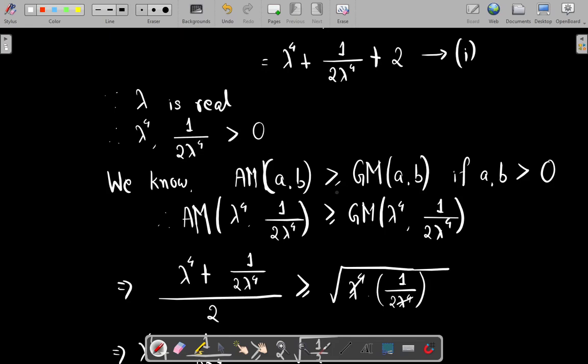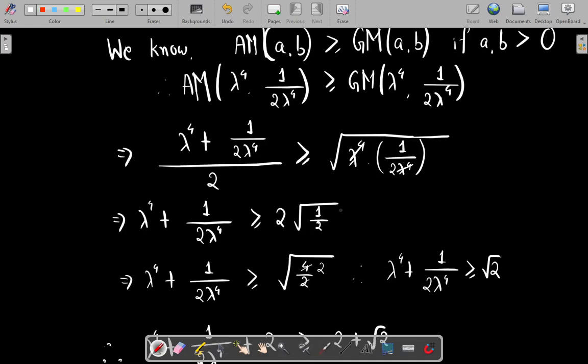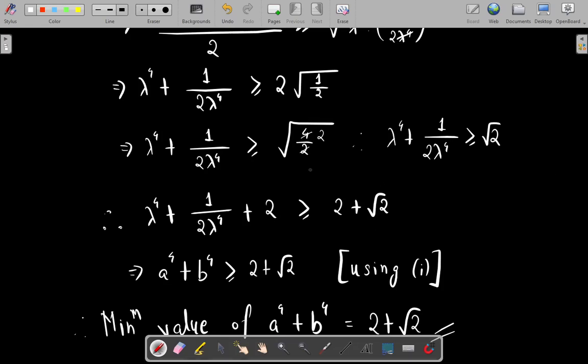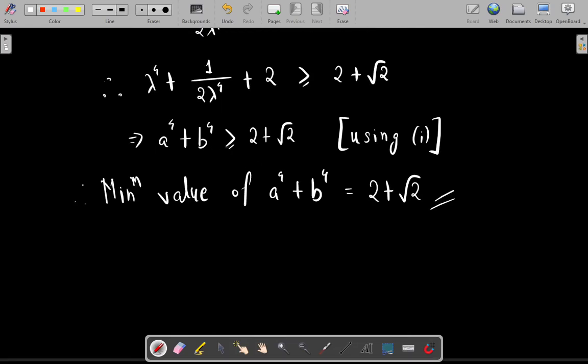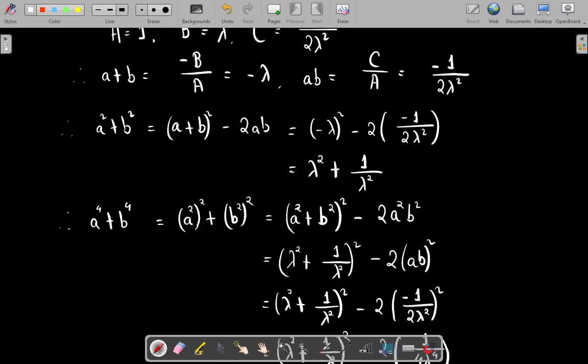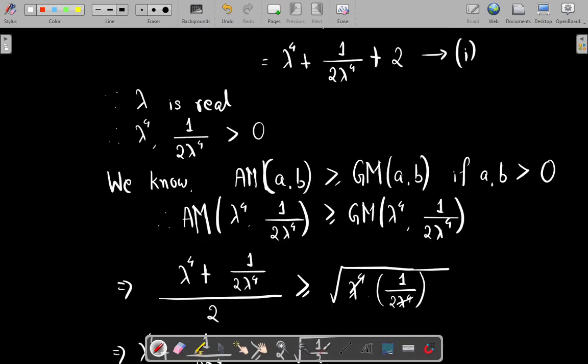For the AM and GM inequality, the parameters have to be positive real numbers. So since lambda is real, these values are positive real numbers, so we used the AM greater than or equal to GM inequality, and after simplification we found the value was greater than or equal to root 2, and then we just plugged in the values of a to the power 4 plus b to the power 4. Okay, so this was a small sum, relatively easy. Okay, so this is it.